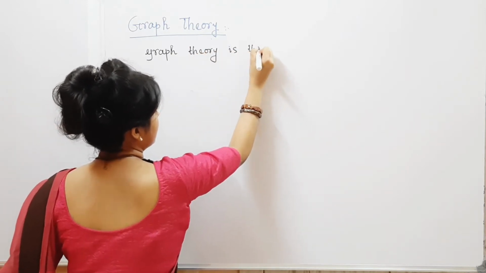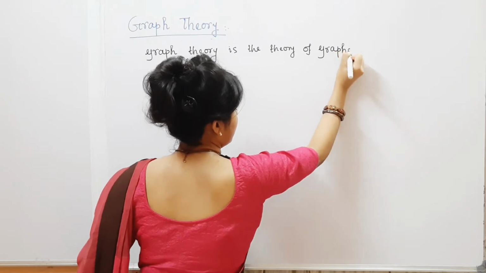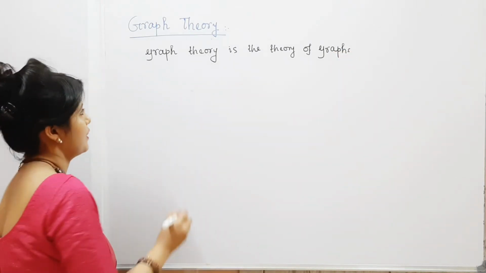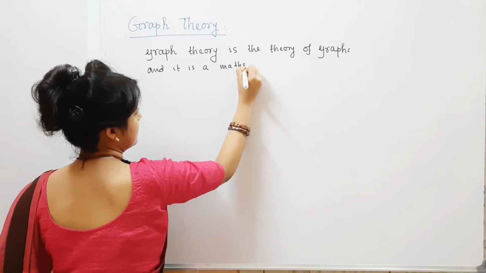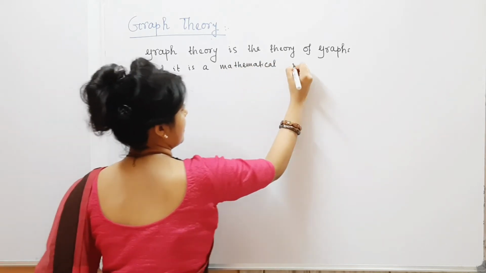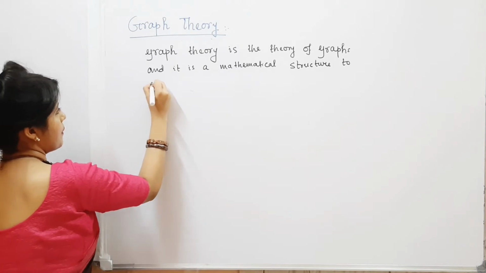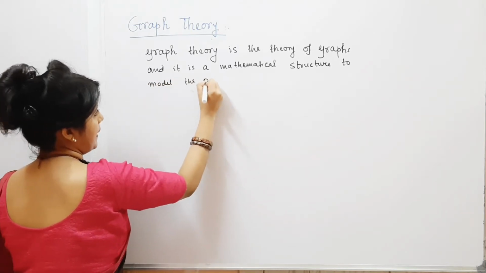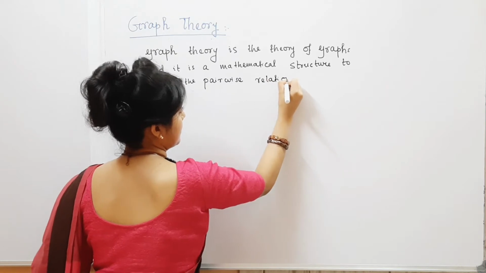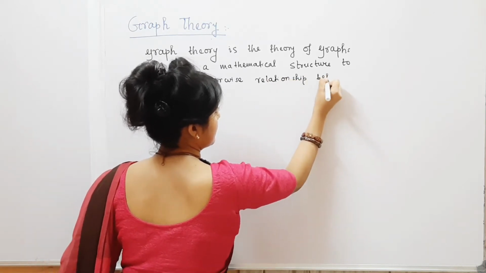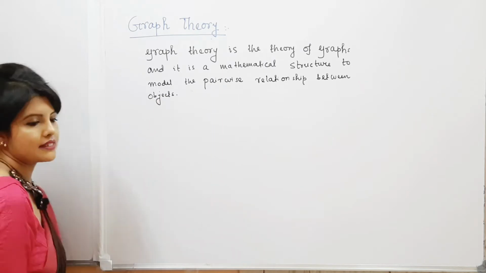It is a mathematical structure to model the pairwise relationship between objects. Actually this is the definition of graph theory.